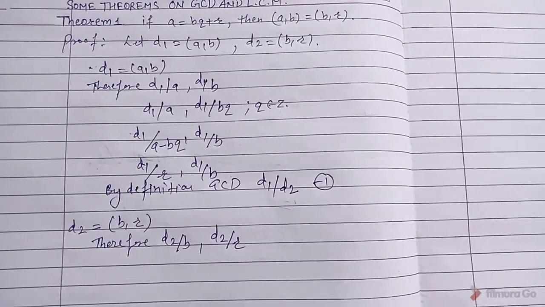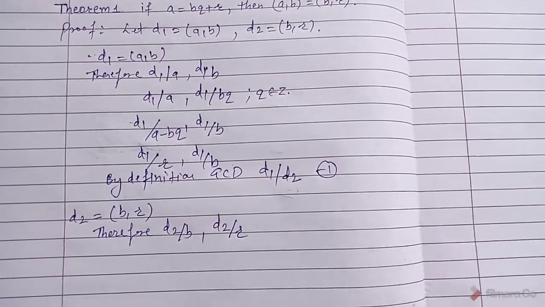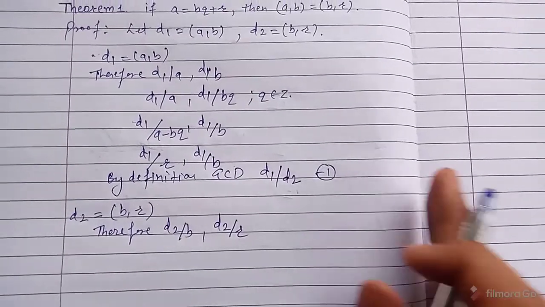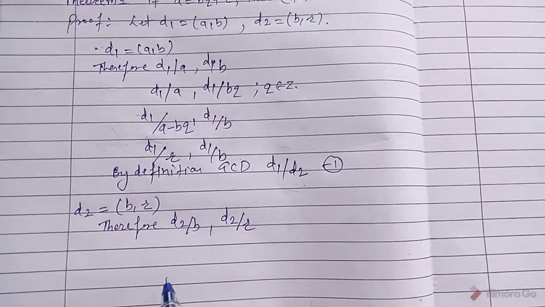If D1 divides D2 and D2 divides D1, then D1 must be equal to D2.